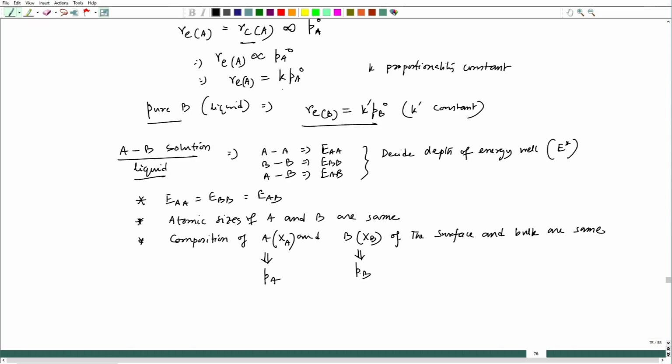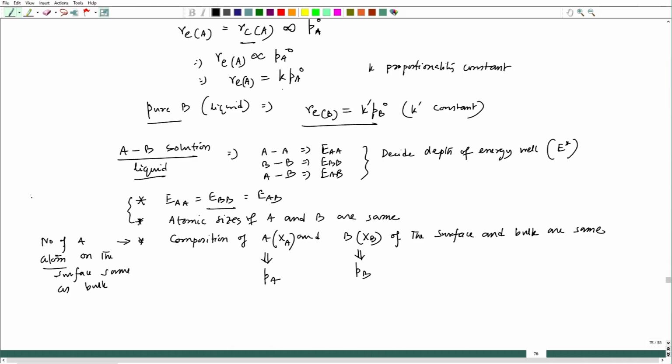Fine. Now, since this is considered, the number of A atoms on the surface would be the same as in the bulk. Similarly, it will be applicable for B, but these two conditions are interesting.